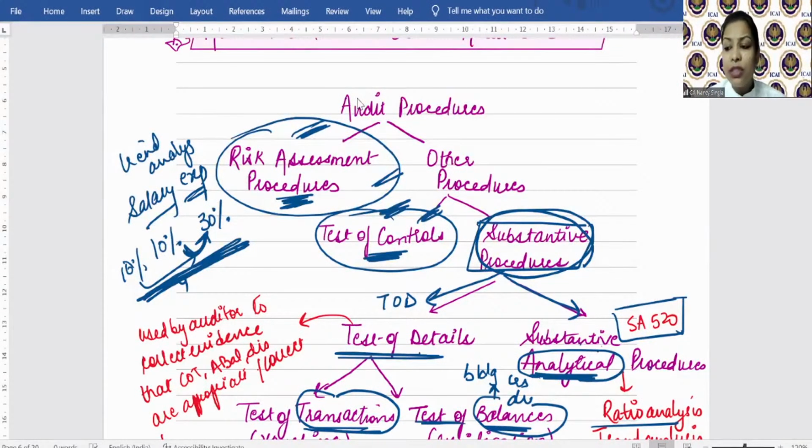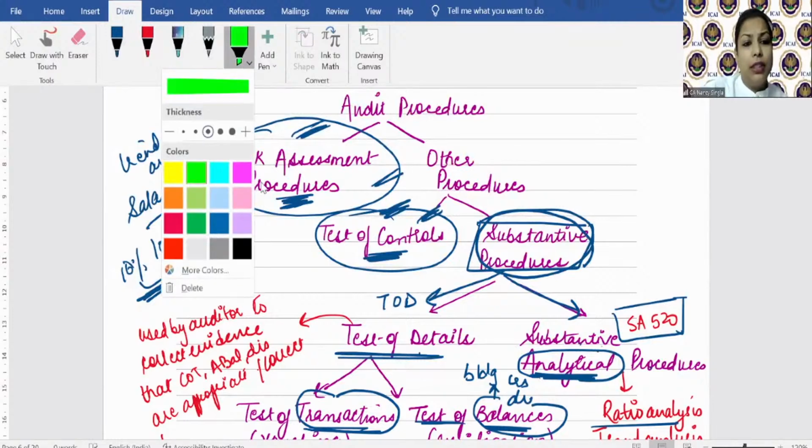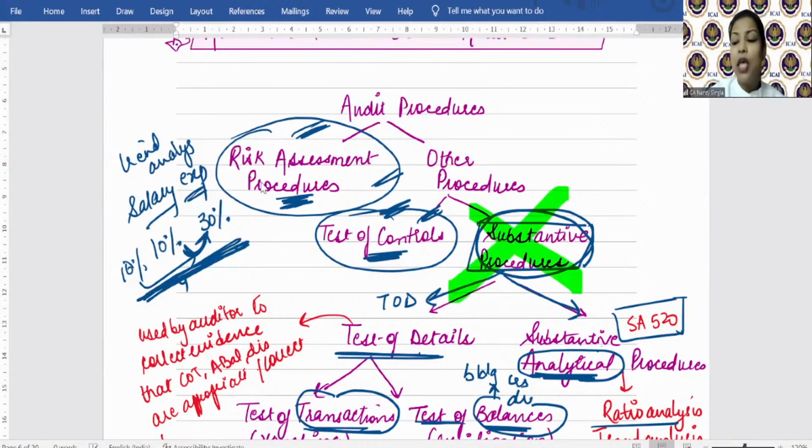Okay? Now tell me, can there be a situation whereby auditor is not at all performing substantive procedures? Tell me. Students, you might hear some music out there because some celebrations are going on, but I'm trying that sound should not interrupt our session, so bear with it.